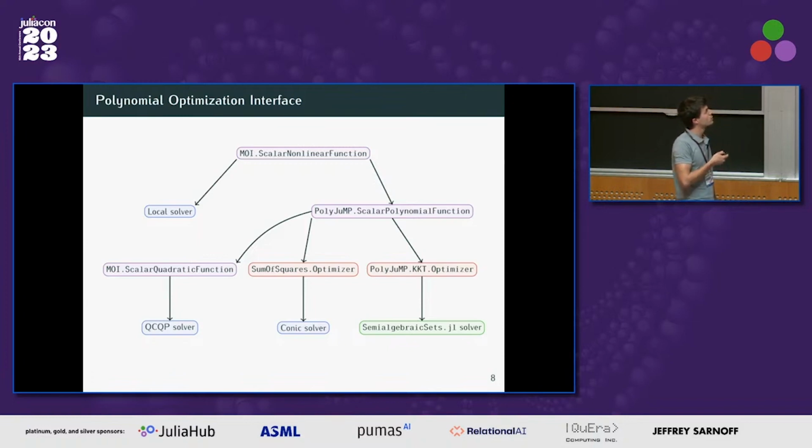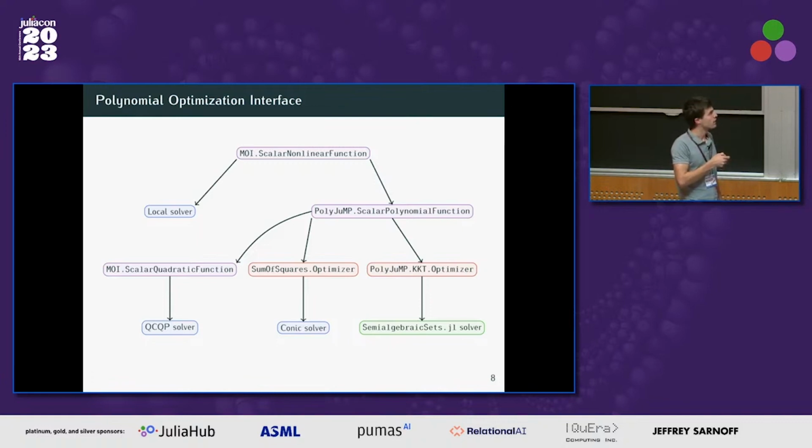Then if he wants to use a QCQP solver, like Alpine or Gurobi, then we basically need to transform this into a quadratic function. So when you have a monomial that is larger, you just decompose it by introducing auxiliary variables. Then if instead he wants to do sum of squares, we have this optimizer that is going to do this hierarchy and use this inner conic solver under the hood.